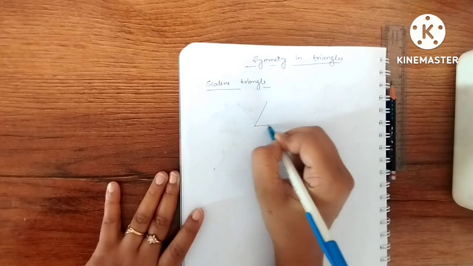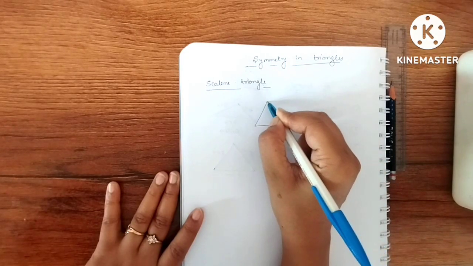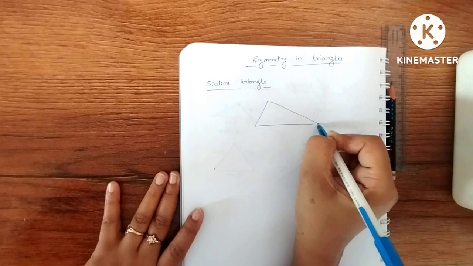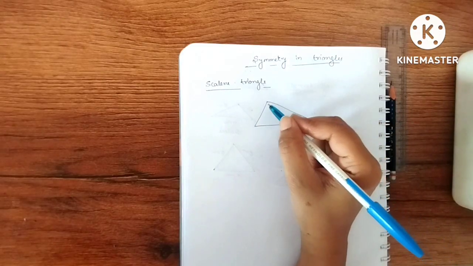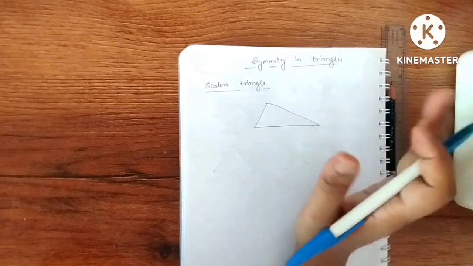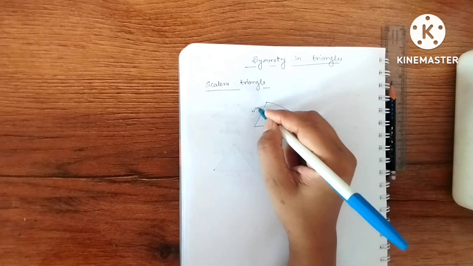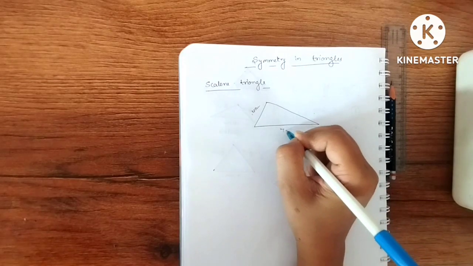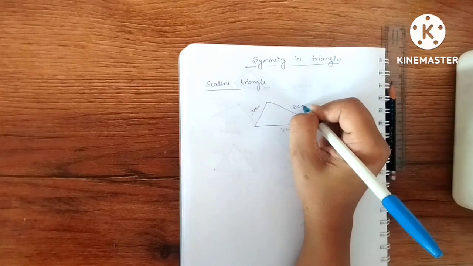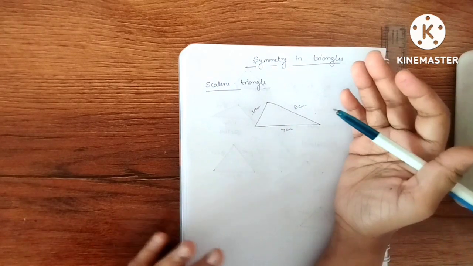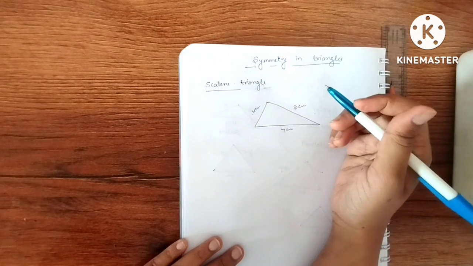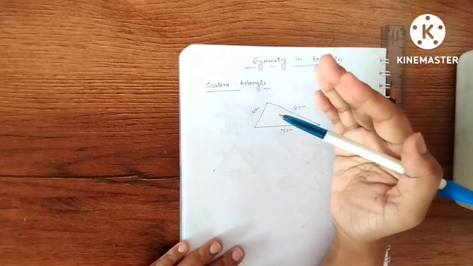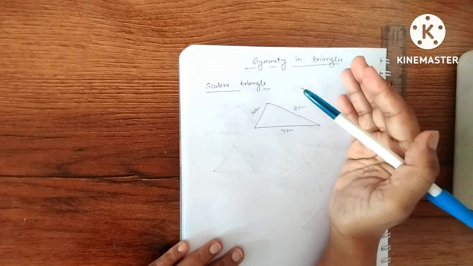What I told you, scalene triangles are those triangles whose sides are of different length. Correct. So if each length is different, suppose this is 4 centimeter, this is 7 centimeter and this is 8 centimeter. What is the symmetry line? A symmetry line is that line which divides the shape into two identical shapes.